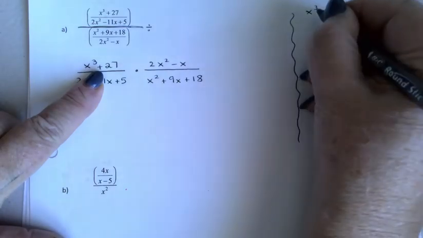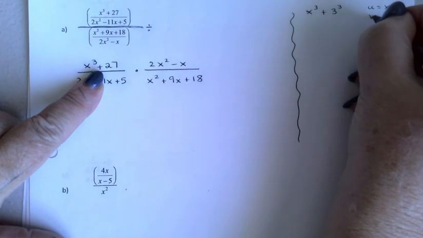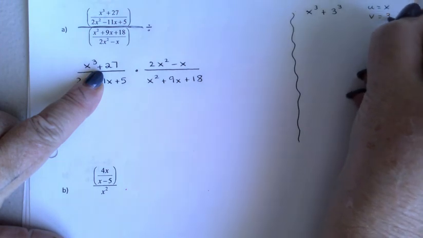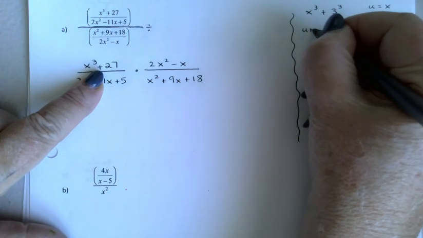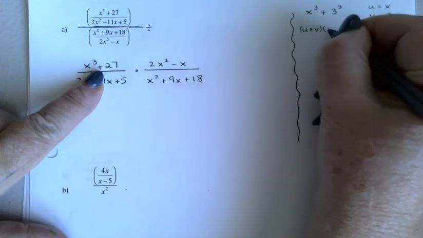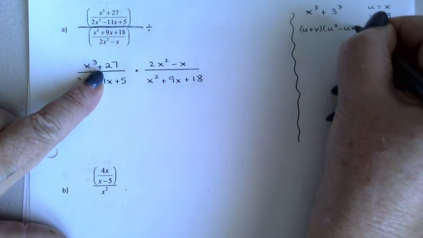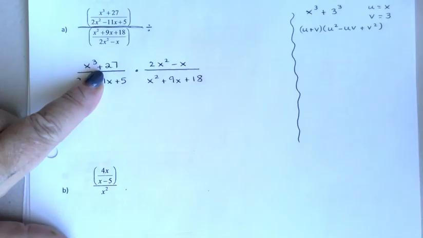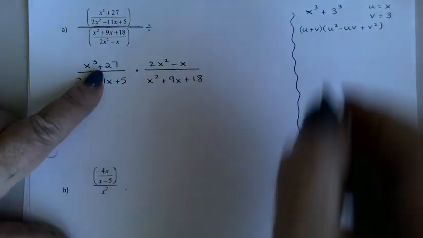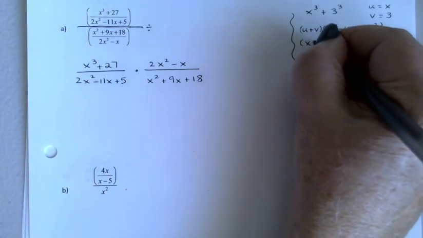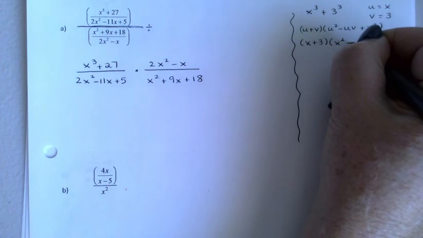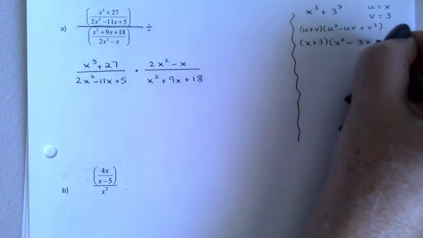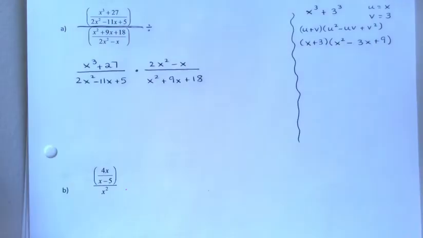Excuse me, my sum of cubes with a u equal x and a v equal 3. So I'll have x plus 3 times x squared minus 3x plus 9.